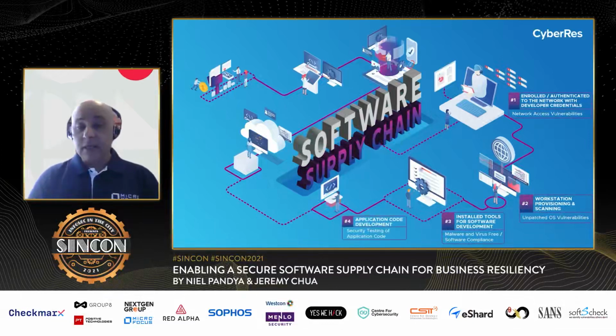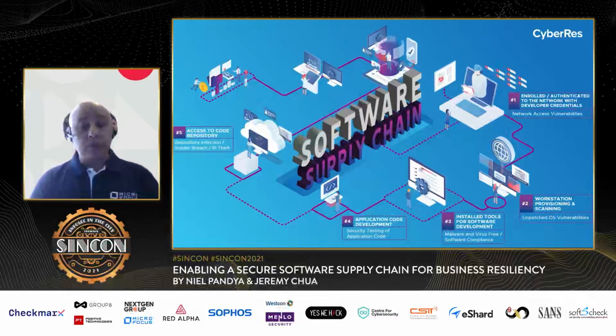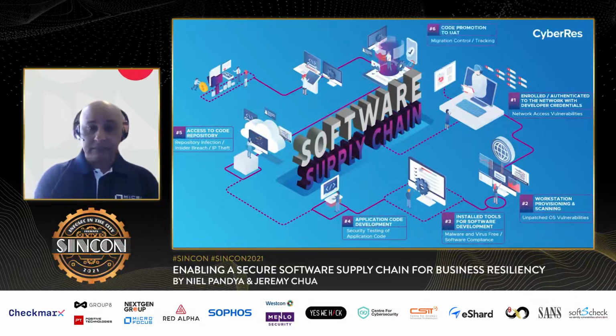The next part of this is the job in hand. The developer needs to write application code. So when the code is being written, how do we test the code for any vulnerabilities? Once the code's been written, it needs to be saved to a code repository. So again, what we want to do is to understand how the code repository is being accessed and whether it's been accessed in a normal fashion as we understand the behavior of the developer.